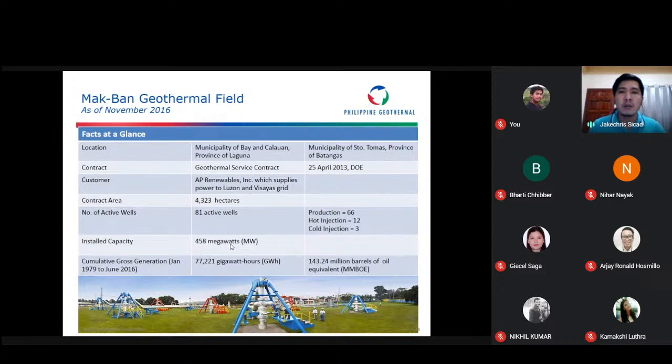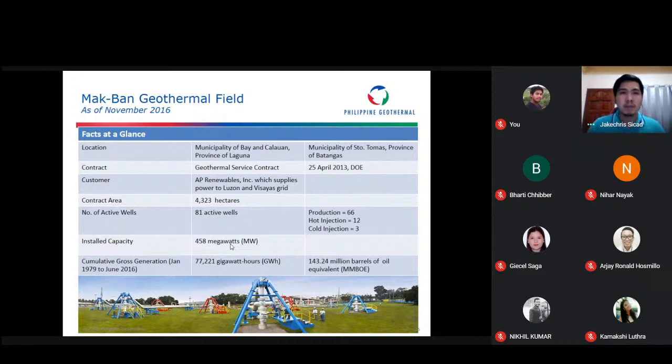It is composed of 81 active wells and an installed capacity of 458 megawatts, and 72.2 gigawatt hours have been produced from January 1979 of its geothermal operation to June 2016, when this slide deck was updated.